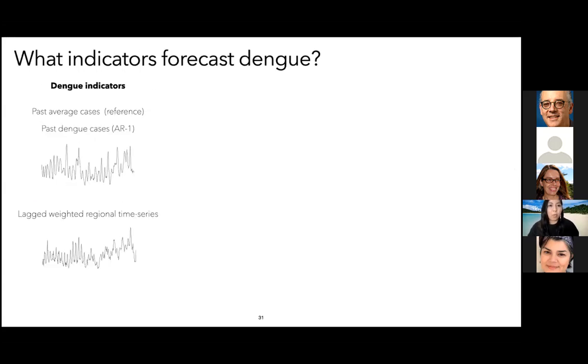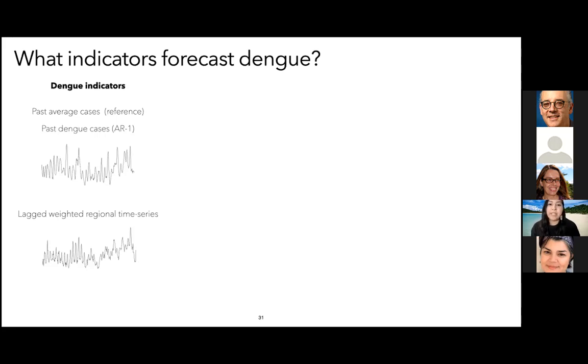And in thinking about which predictors to use, we considered using indicators of dengue itself. So we developed a reference model that looked at just the past average cases, so kind of an intercept model. We also looked at dengue cases from the month before, which is the time series here in what we're calling our AR1 model.